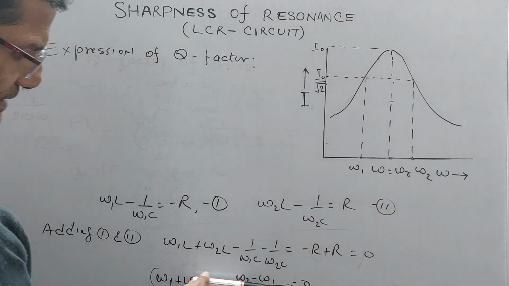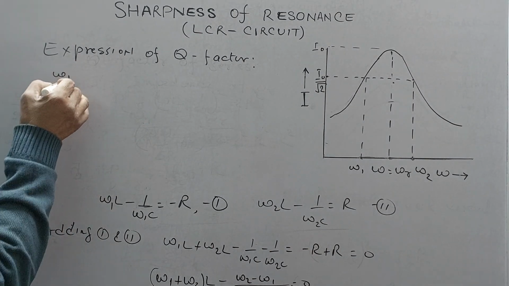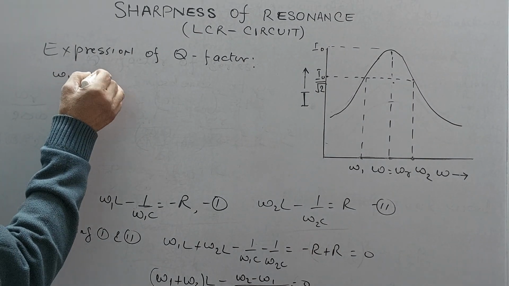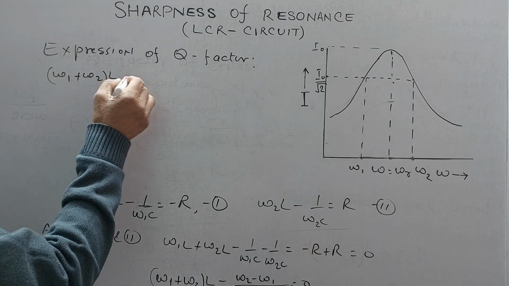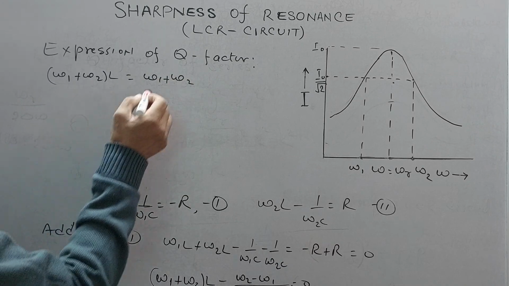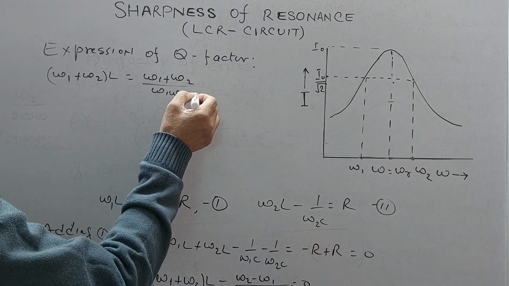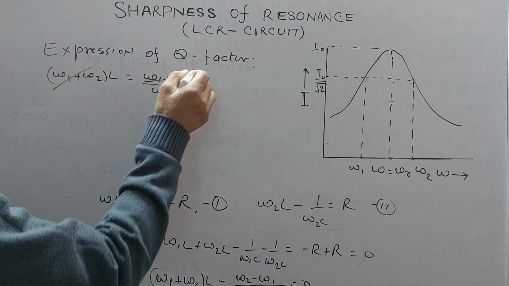Now from this expression, I write omega 1 plus omega 2 times L is equal to omega 1 plus omega 2 divided by omega 1 omega 2 C. It can be cancelled.